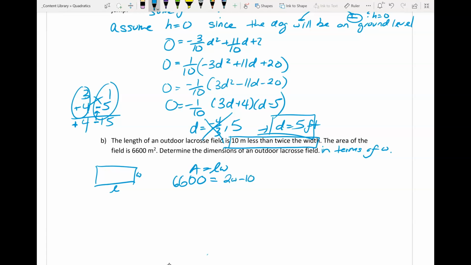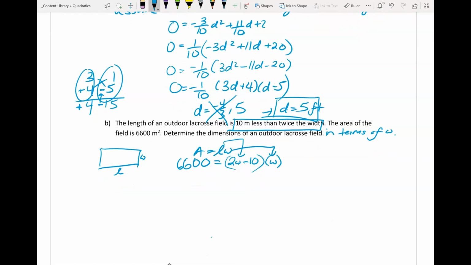So 10 meters less than 2 times the width. So that is your length. I can leave width alone as just width. So this is your length and this is your width. So once you represent this in terms of W, we are done. Your length is 2W minus 10 and your W is just your width.